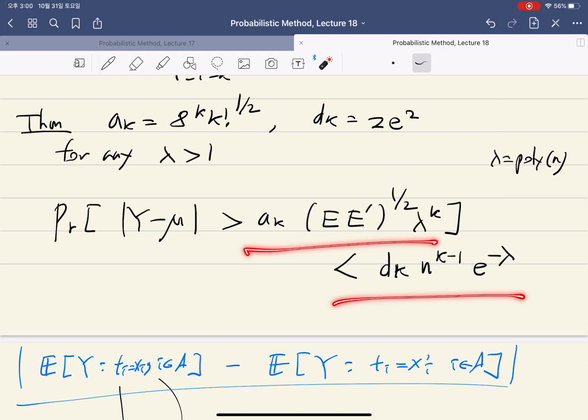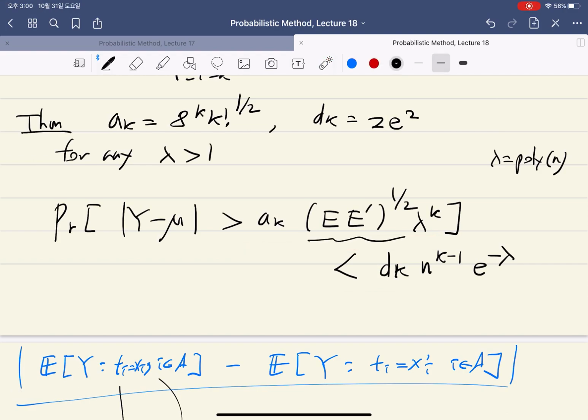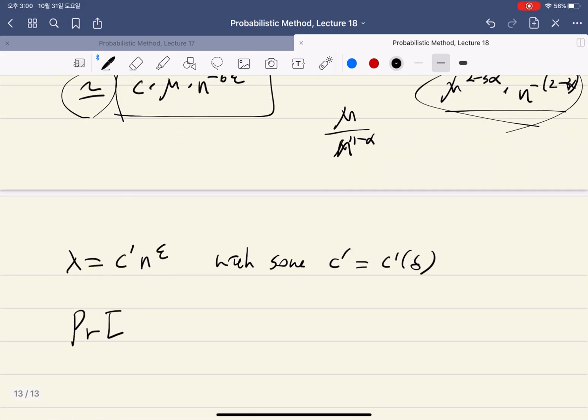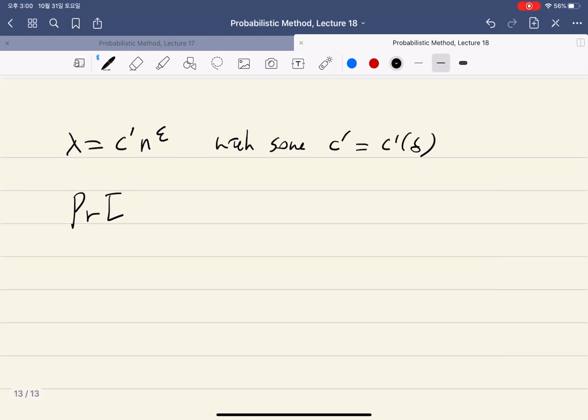What do we get here? We get the numbers as A_K, E prime, half, lambda K, and K is here 3.